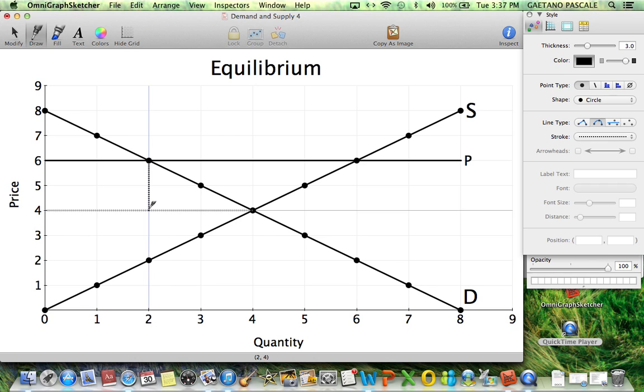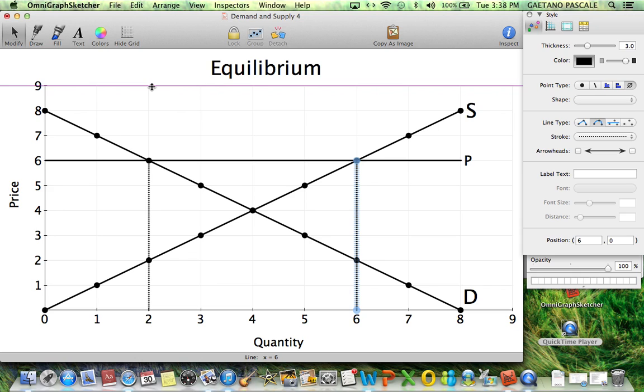So if we go from the demand curve and straight down, that tells me the quantity demanded is equal to 2. And if I go from the price all the way across until I hit the supply curve and then I go straight down, I see that the quantity supplied is equal to 6.